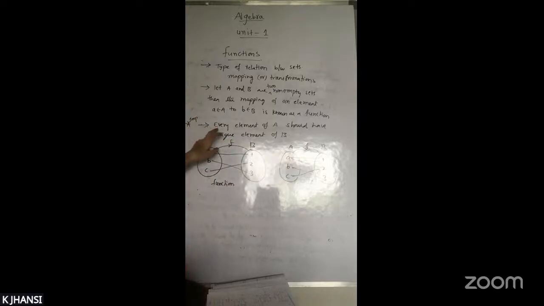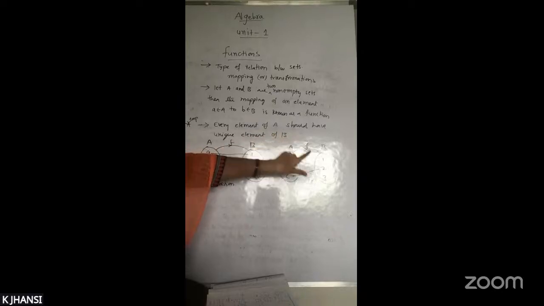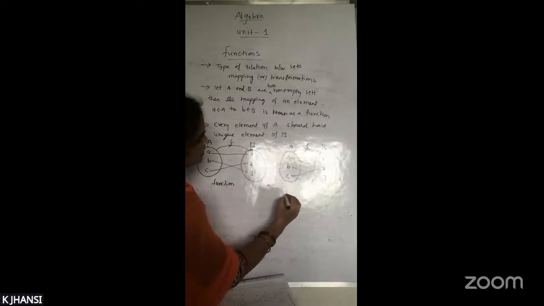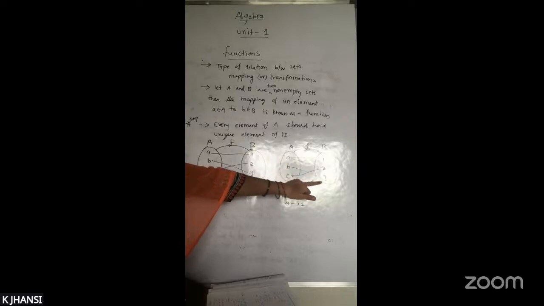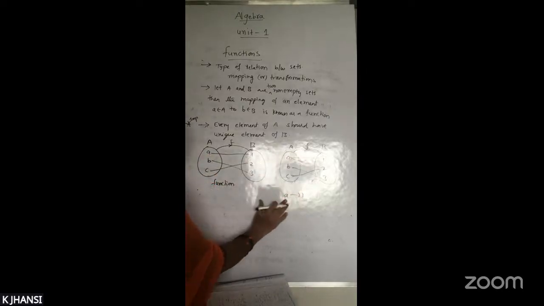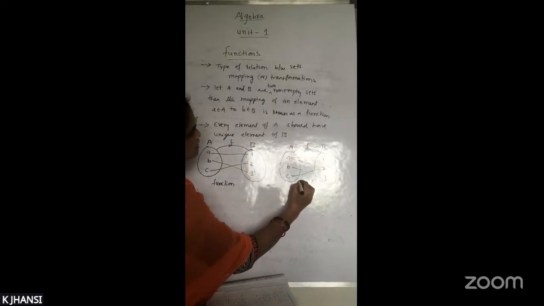What is the condition here? Every element of A should have a unique element of B, meaning only a single element of B should be mapped with the element of A. Here A is mapped with 1, and also A is mapped with 2. Here B is mapped with 3, C is mapped with 2, only a single element. But for A we are getting two elements, that is 1 and 2. So whenever such a mapping is there, it is not a function. Compulsory, it should be mapped with only a single element.